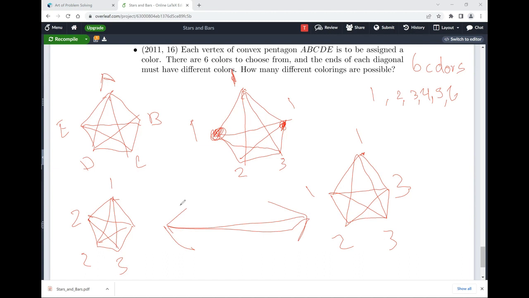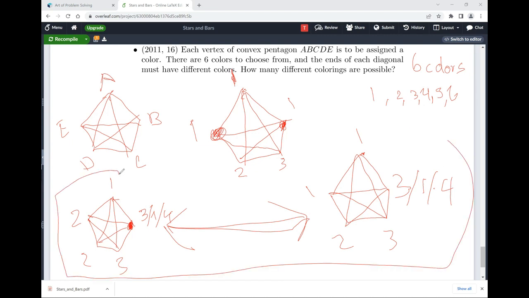Well, not really, but this point can be 3, 1, or 4. Oh, that's nice, 3.14. This one can be 3, 1, and also 4, with 4 being the other color. So notice that these two are the same, except we switched 2 and 3. But since each point is A, B, C, D, or E, they're different. So we need to just do one case and multiply by 2.